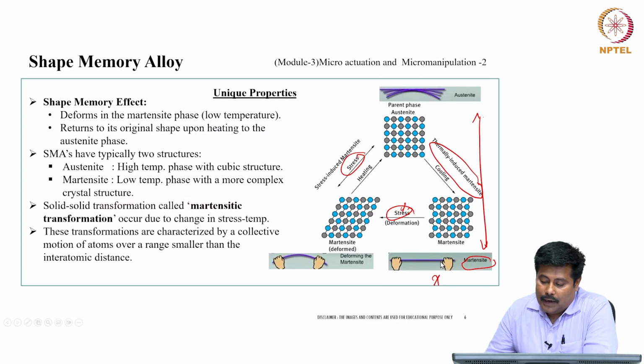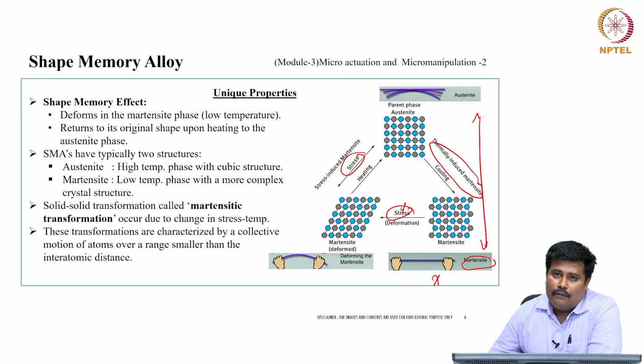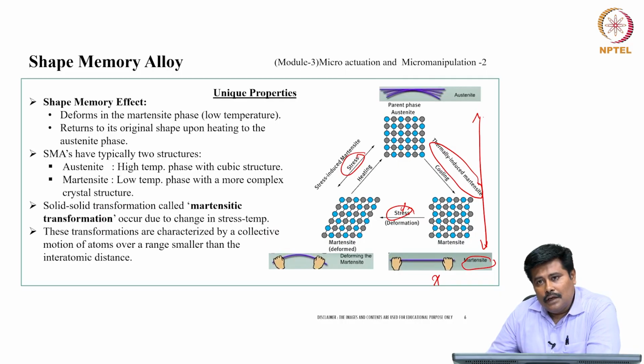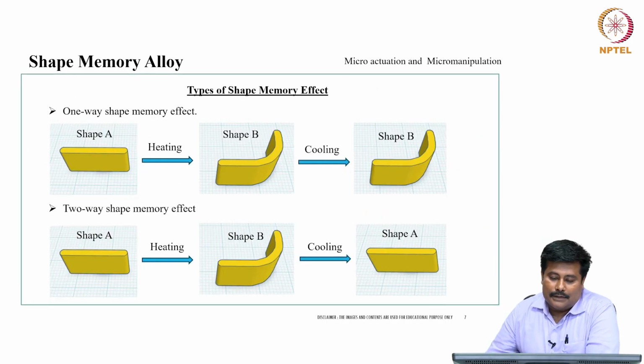The mechanism behind this, which we had seen, is an austenite to martensite shift. With the austenite to martensite transformation, we get an actuation which is exhibited in these shape memory alloy structures. That's how we are involved in micromanipulation of shape memory alloy structures for different applications.